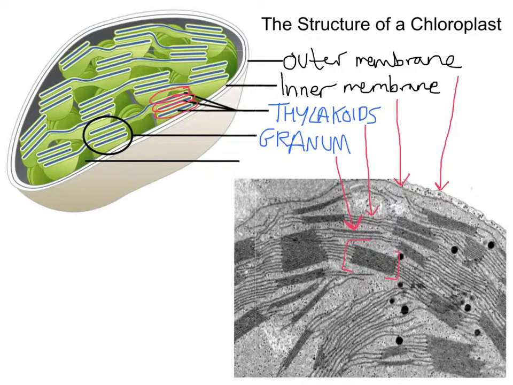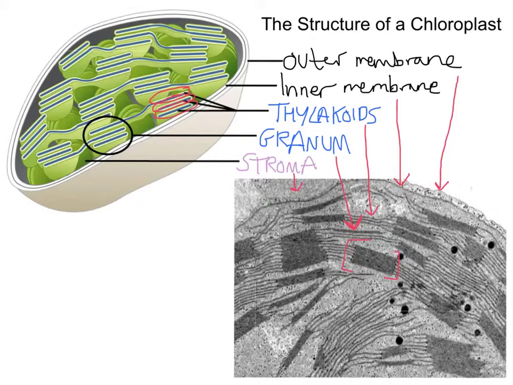So we've put in place the outer and inner membrane forming the chloroplast envelope. We've put in the thylakoids and the granum. So then we're left with one final label. And this is the stroma. Now the stroma is this region that we see here.